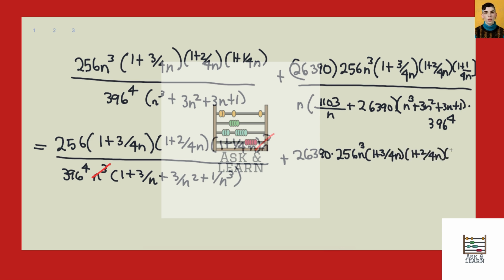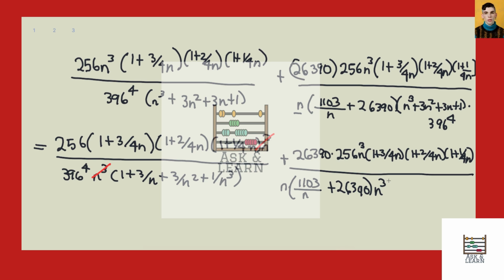Yeah, here I have to write a lot of this stuff out, so this will take a moment. And then down here, n from this, I'll leave this part alone. And then here I pull out an n cubed just like previous step.